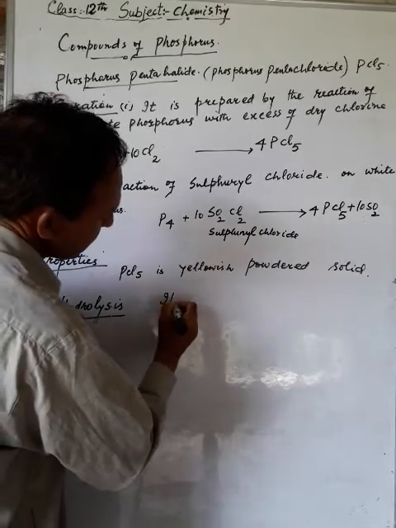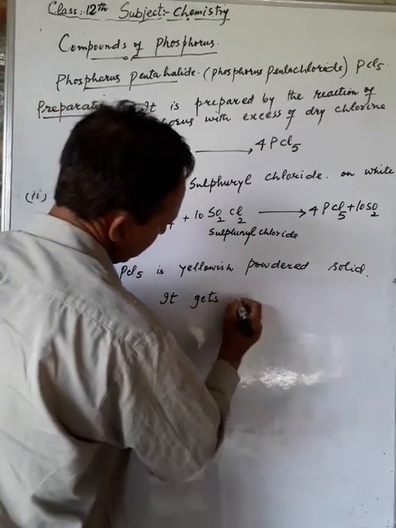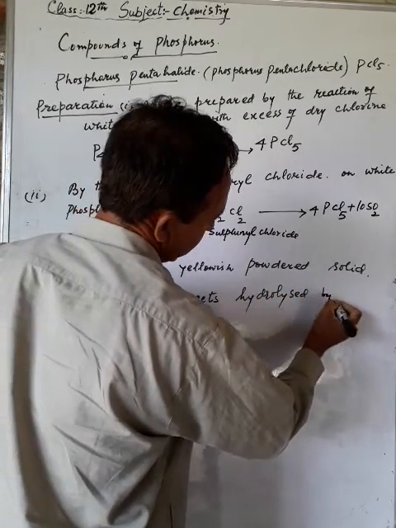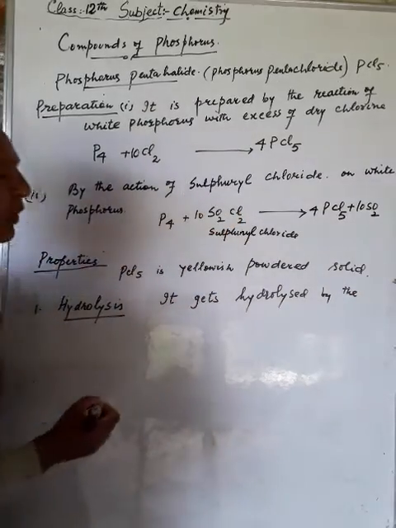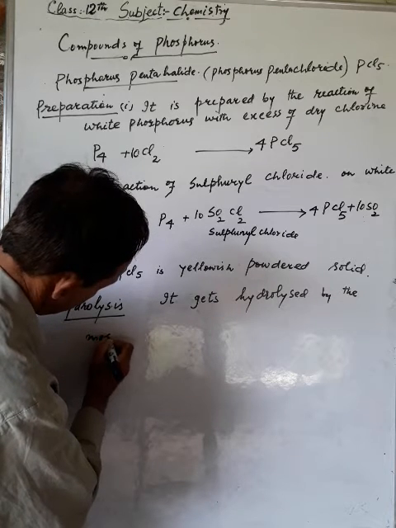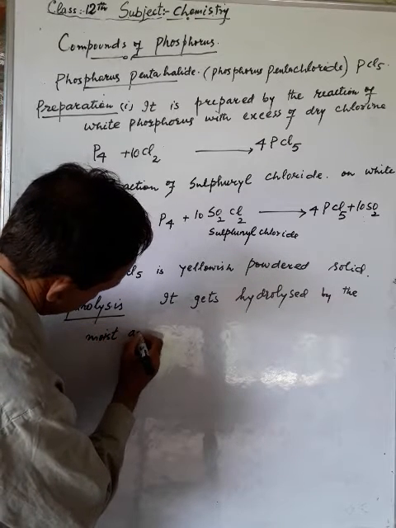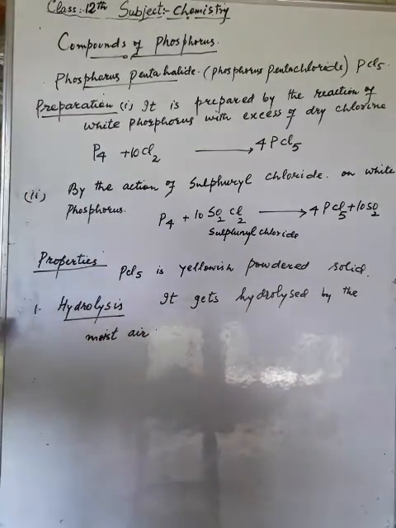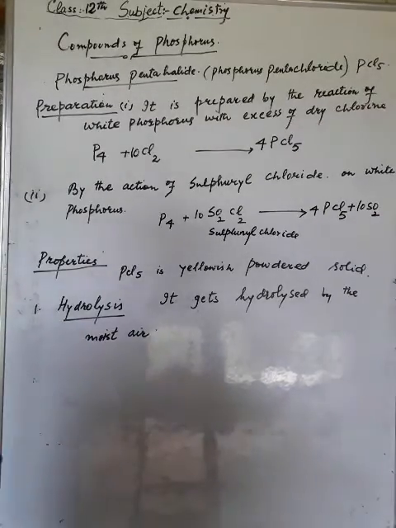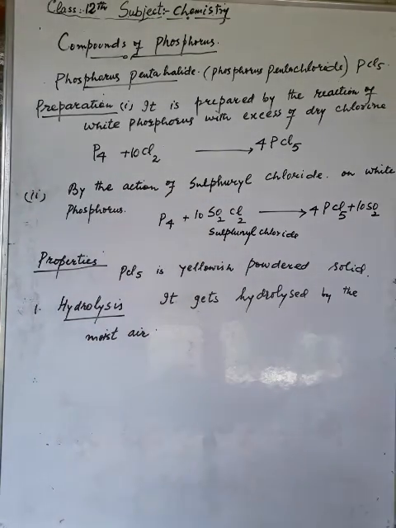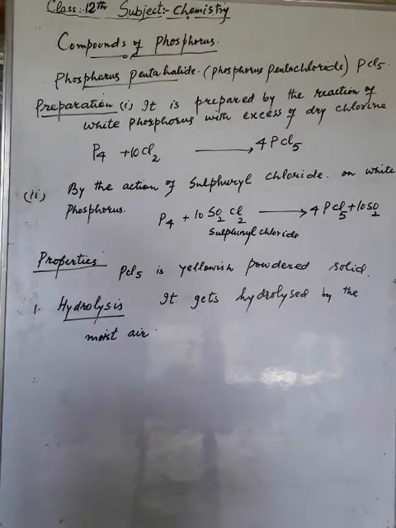It gets hydrolyzed by the moist air, or we can say that it fumes in the moist air. On hydrolysis, it first forms POCl3, phosphorus oxychloride, and then again with the excess of water, it forms phosphoric acid, H3PO4.